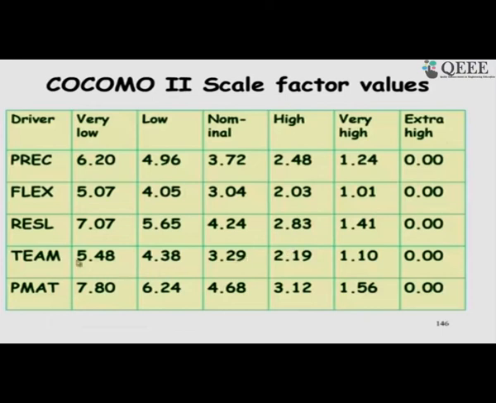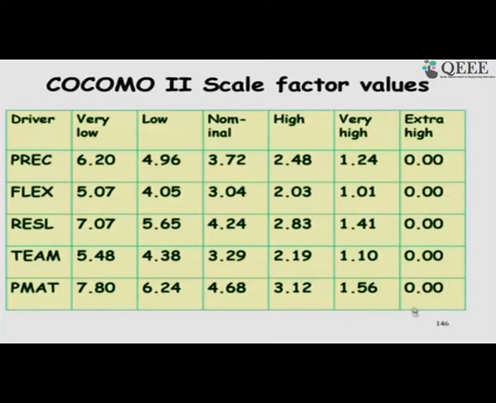Depending on whether we have very low precedentedness, so I have no experience, very low, it will become 6.2 in the exponent and 0.91 plus 0.01 into sigma. So, that is the expression, flexibility and so on.